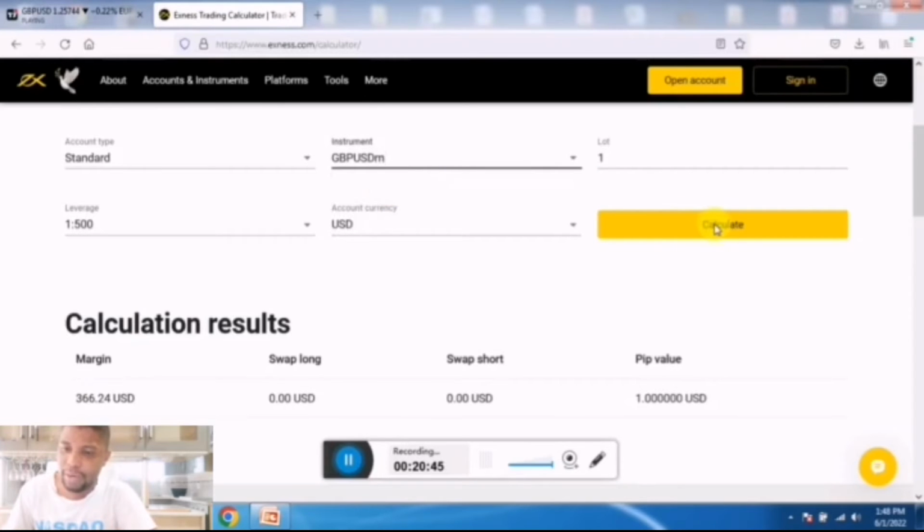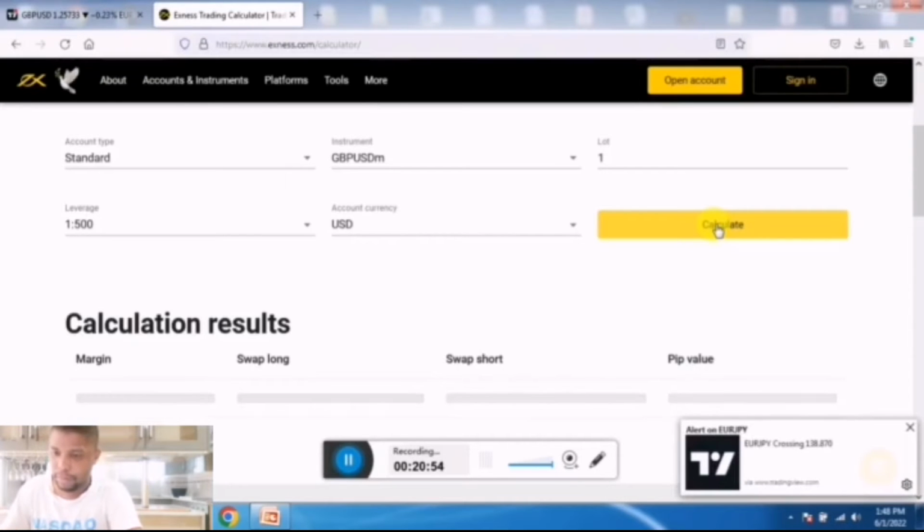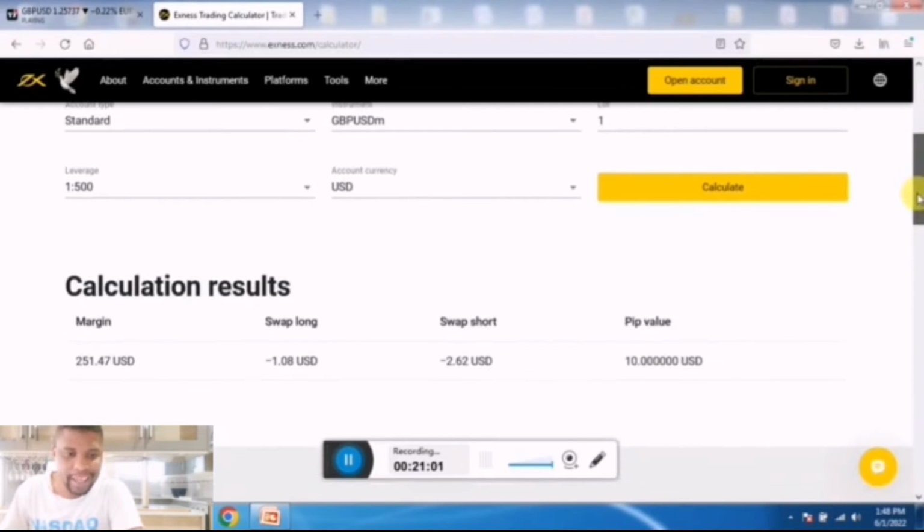Okay, let's calculate again. In this case, the margin that you're going to pay for this trade is going to be $251 US. So you've got to have this amount in your account. Our pip value here, guys, is 10.